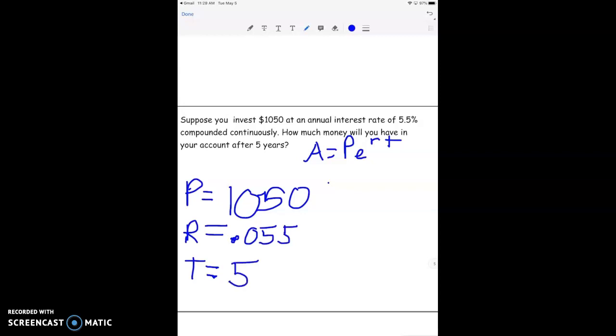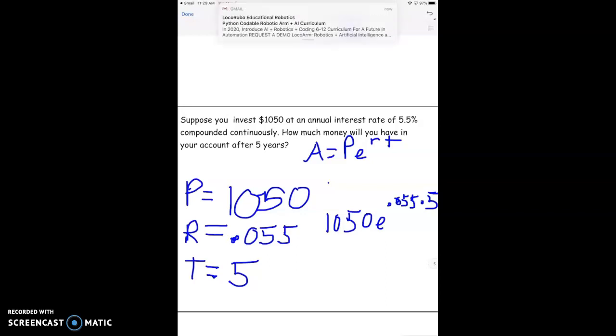And literally, guys, what I'm going to do is sub those values into the equation that I have. So P is 1,050, E is a function, R is 0.055, and T is times 5. When I do this in a calculator, I'm going to type in my 1050, then find my E key. Usually it's with the LN, you want to hit second, and then E will be there.